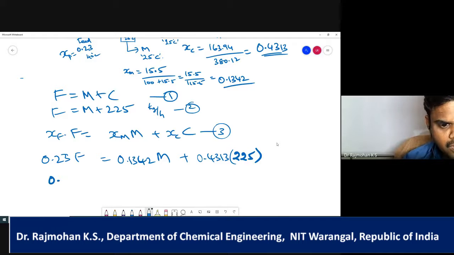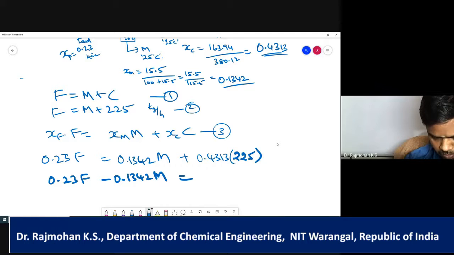Simplifying, we can write 0.23F minus 0.1342M is equal to 0.4313 into 225, equal to 97.04.